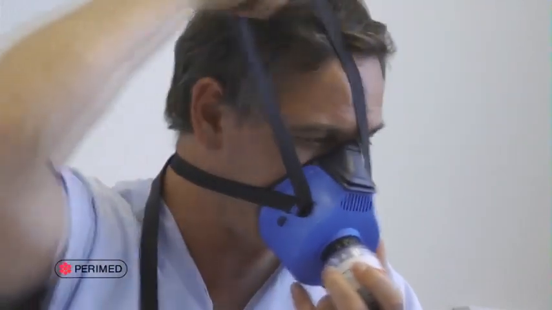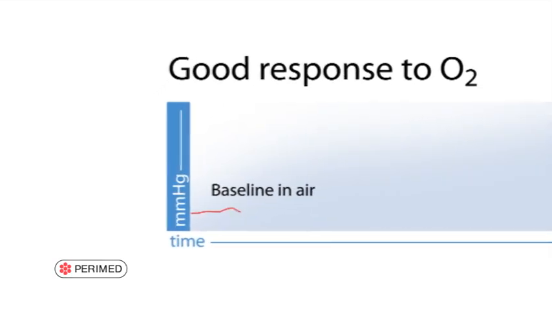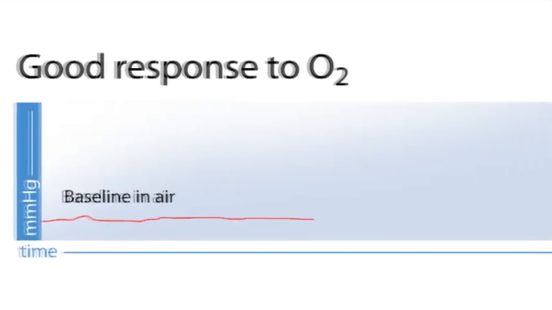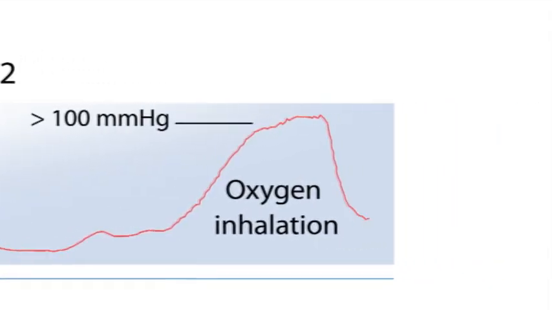The best way is to use an oxygen challenge test, which involves having the patient breathe 100% oxygen via a non-rebreathing face mask. This way, you can determine whether the low values are due to a reversible oxygen barrier, such as edema, inflammation, or macrovascular disease. In healthy people breathing 100% oxygen at normobaric pressure, tcpO2 values always increase to greater than 100 millimeters of mercury.